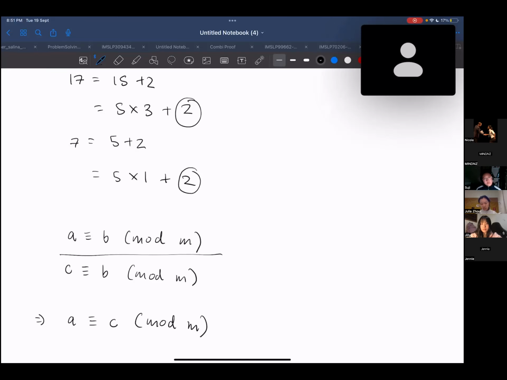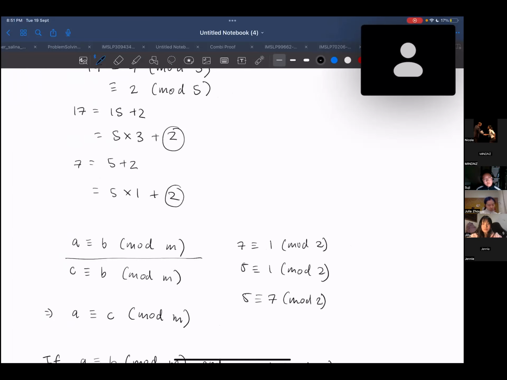For example, 7 is congruent to 1 mod 2, and 5 is congruent to 1 mod 2. And we know that 5 is congruent to 7 mod 2.